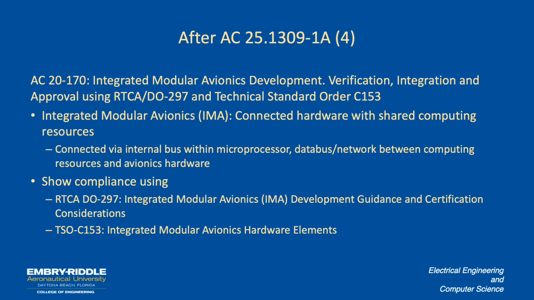Lastly, I want to talk about Advisory Circular 20-170, which is called Integrated Modular Avionics Development, Verification, Integration, and Approval using RTCA DO-297 and Technical Standing Order C-153. So IMA is connected hardware with shared computing resources.